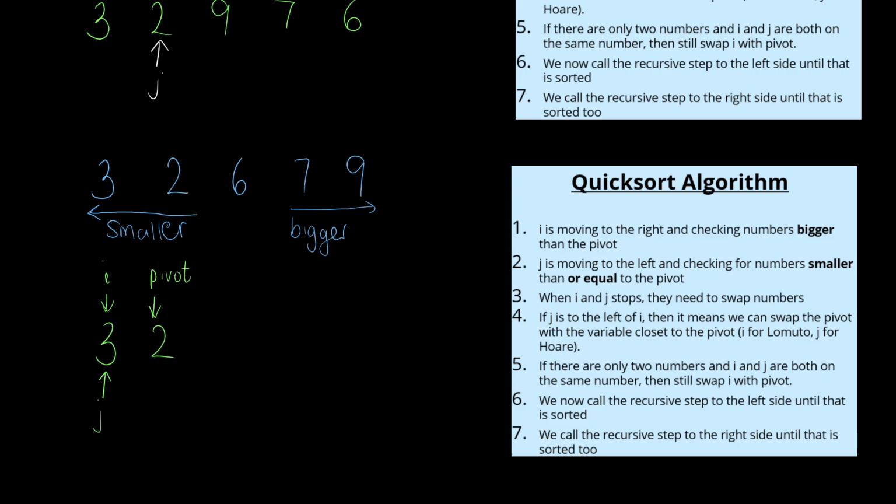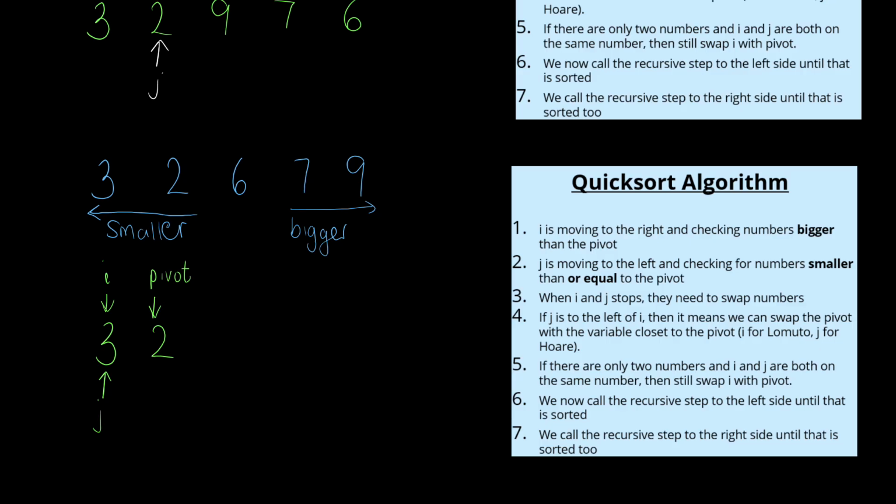Is 3 bigger than 2? So remember, I is looking for a number bigger than the pivot, and 3 is bigger than 2, so I is going to stop. J doesn't have anywhere else to go.